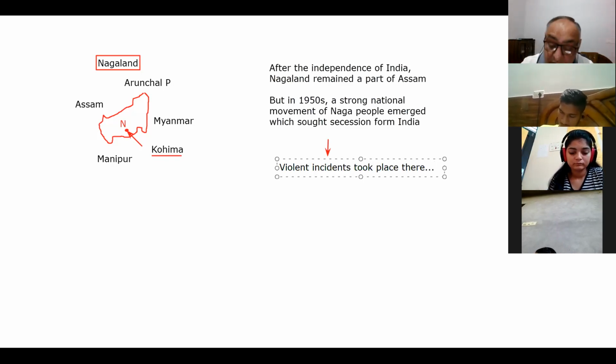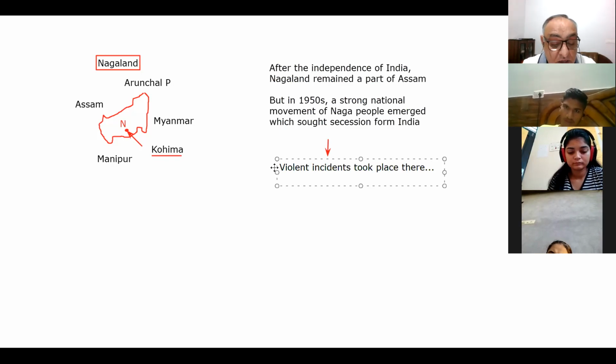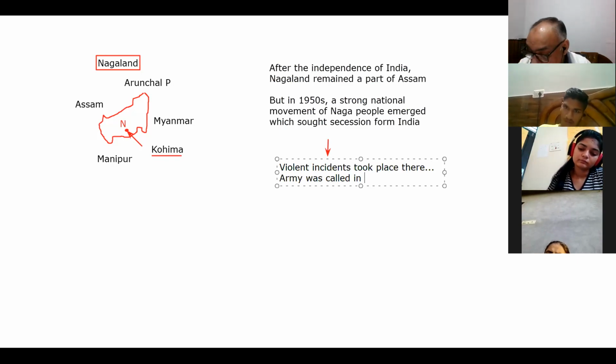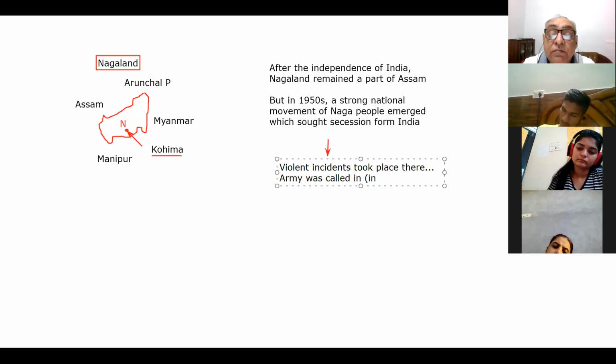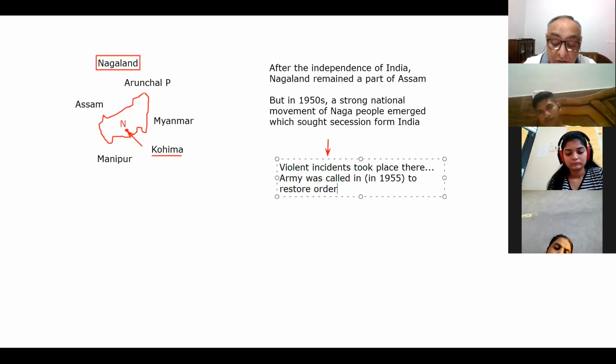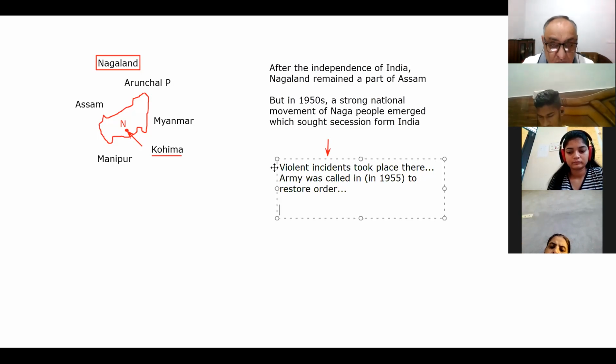So army was called in, in 1955, to control the situation and restore order. वहाँ जो लॉ एंड ऑर्डर खराब हो गया था उसको कंट्रोल करने के लिए आर्मी को बुलाया गया.